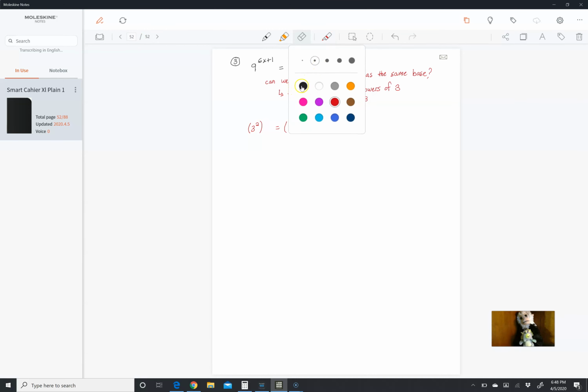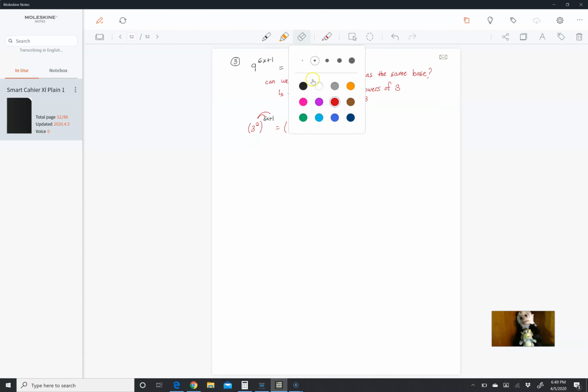So it becomes 3 squared to the 6x plus 1, and 3 cubed to the 8x minus 2. Okay, then we're going to distribute the 2, and we're going to distribute the 3. Okay, this is an exponent raised to an exponent, so we multiply.